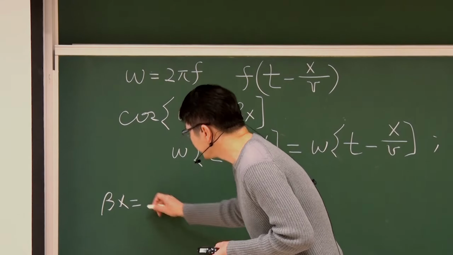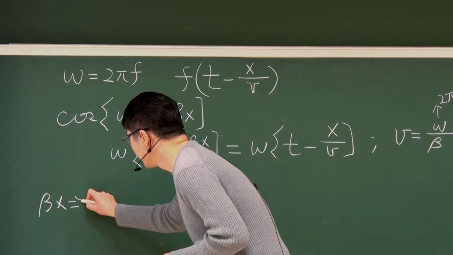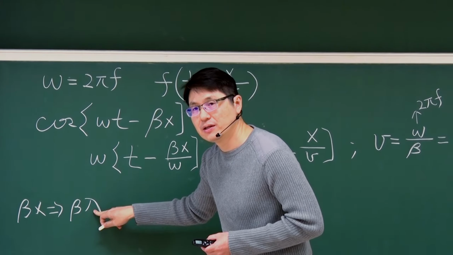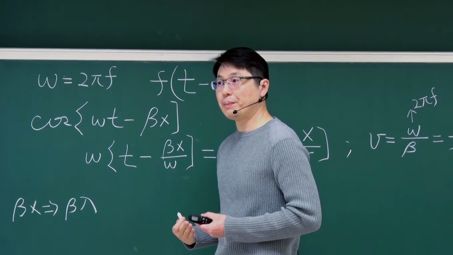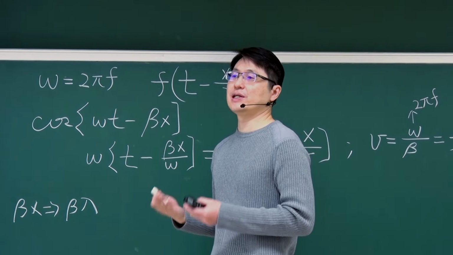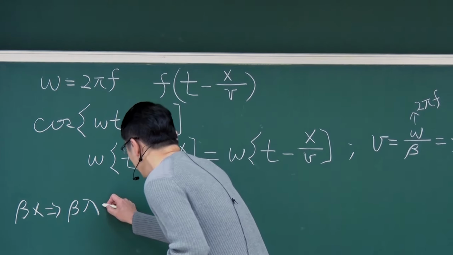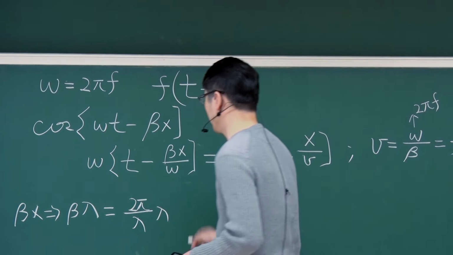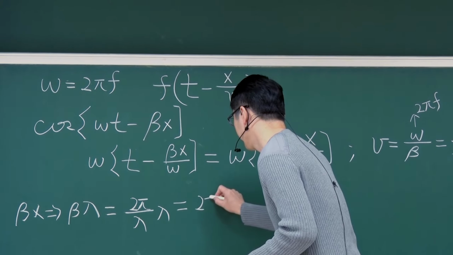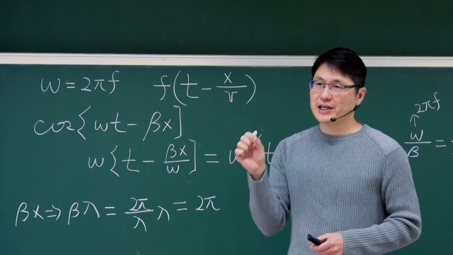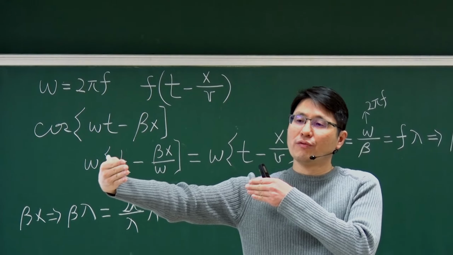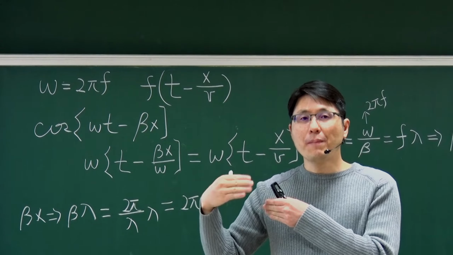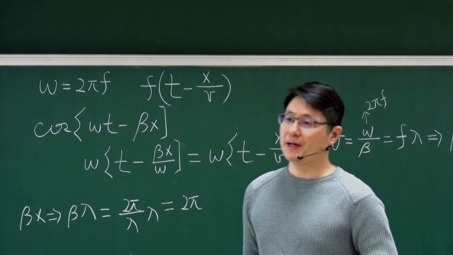So if you allow a wave to propagate for exactly one wavelength, the phase you accumulate will be exactly 360 degrees, 2 pi. So 2 pi divided by lambda times lambda, you have 2 pi, right? The phase accumulation for a wave to propagate over a distance of an integer multiple of its wavelength would be an integer multiple of 2 pi.